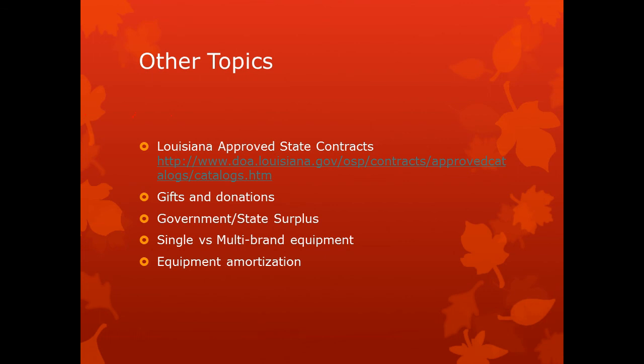For example, Delgado Community College in New Orleans was doing some remodeling in one of their buildings that was damaged in Hurricane Katrina, and they sent out a message to all the other technical colleges saying that they had some room partitions that they were going to be scrapping and getting rid of, and if anybody wanted them, just to contact a certain person there, and if you could go by and pick them up, you were more than welcome to do so.